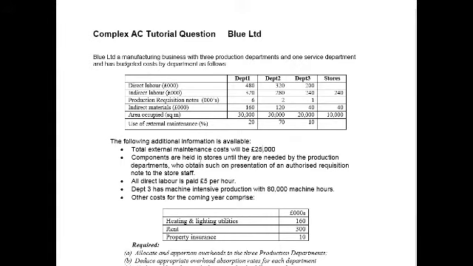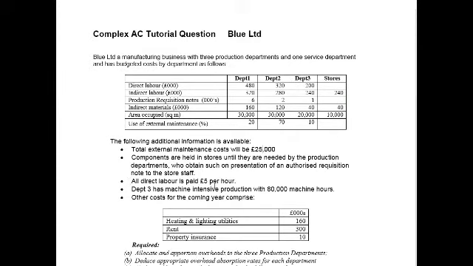So now we know what this department is doing, what its role is vis-a-vis the 3 production departments. The 3 production departments issue these requisition notes to the stores, and then the material is provided to the 3 departments. So the more notes, the more of the store's total cost should be given to that department.